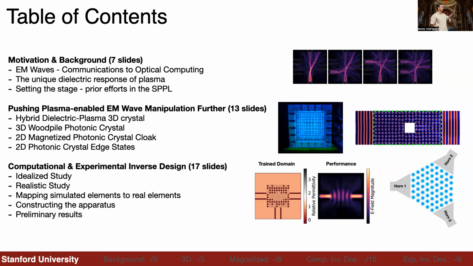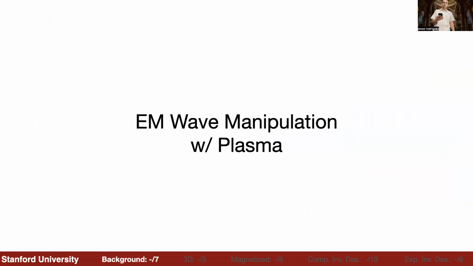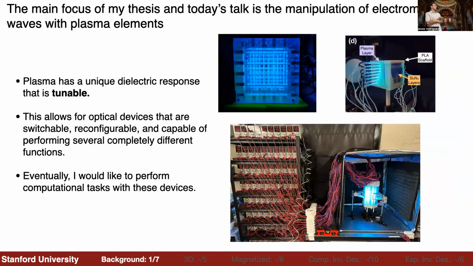And then after demonstrating the complex behavior that we can get with these plasma optical devices, I'll spend about the second half of the talk or so talking about inverse design, which is a methodology that allows us to really pull out all that potential complexity, and then build devices that are capable of doing things as complicated as computing applications. So we'll first talk about wave manipulation with plasma, like I said.